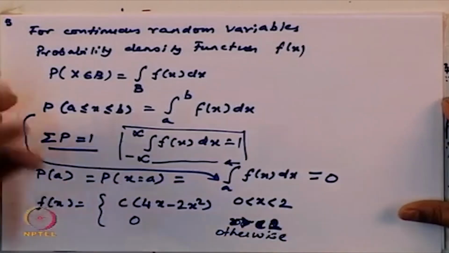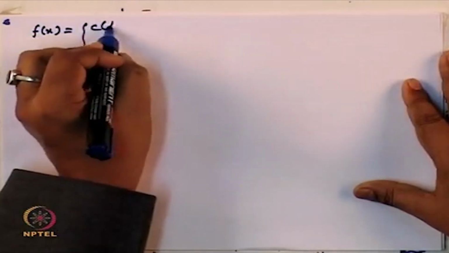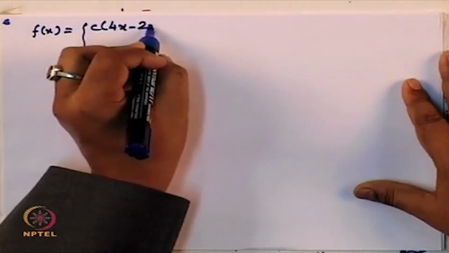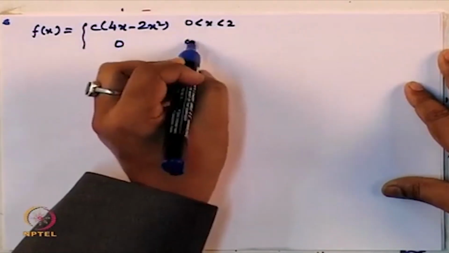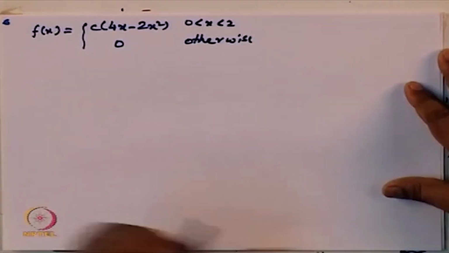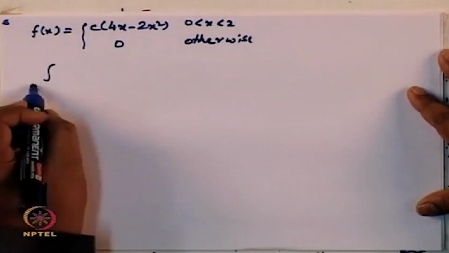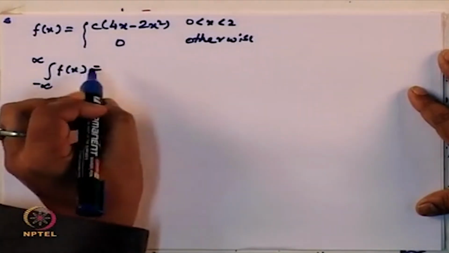Okay. We want to calculate what is the value of c. So, I have been given f x, and I must have this constraint satisfied at all conditions.